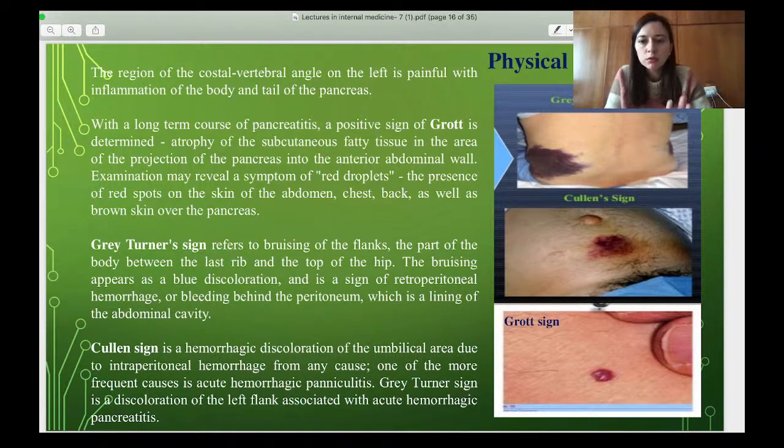And for example, on this picture you may see those different signs: Grey Turner sign, Cullen sign, and Grott sign.